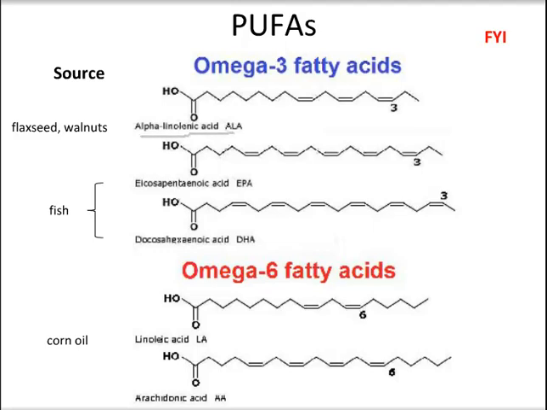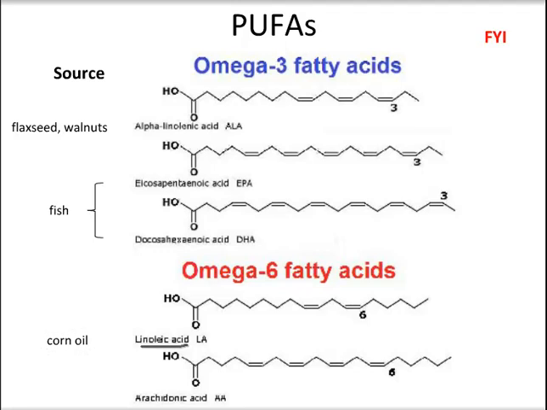This is a somewhat, I have to admit, controversial area. There's some data showing that it may not be exactly this way, but I think it's substantial. And the bottom line is that while both omega-3 and omega-6 are in fact polyunsaturated fatty acids, you might think, oh, they have to be good.